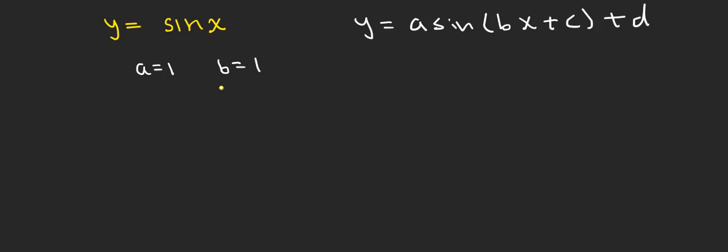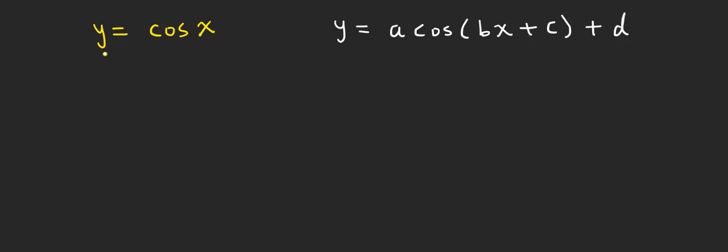So what is the period for sine of x? The period is going to be 2 pi divided by the absolute value of b, which is 1. So it's 2 pi. That's why one cycle of sine went from 0 to 2 pi to 4 pi, and so forth. Also, for y equals cosine of x, what is A?